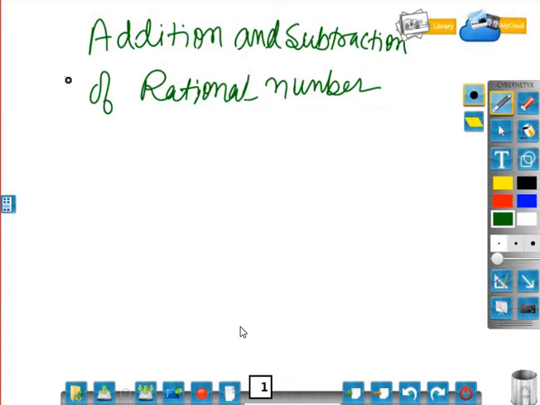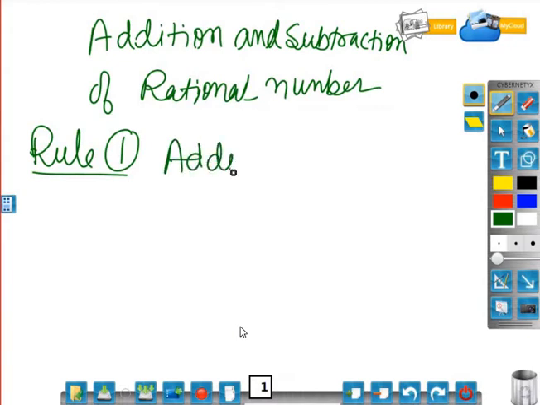Now in fractions, there is a fixed rule. There is only one rule. What is that rule? Addition and subtraction are possible only in like fractions.